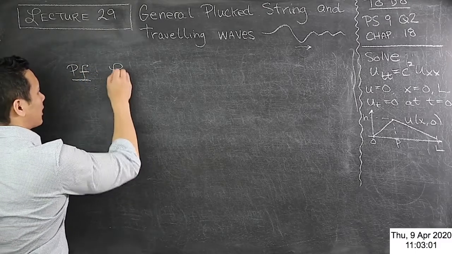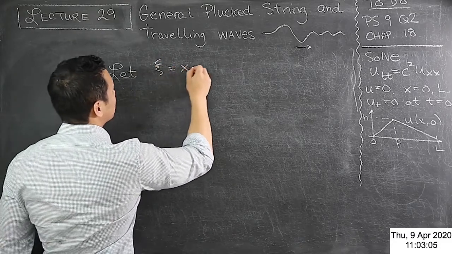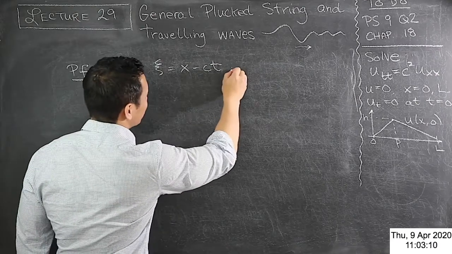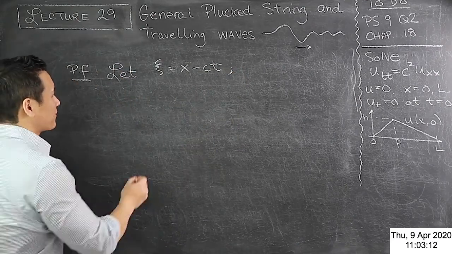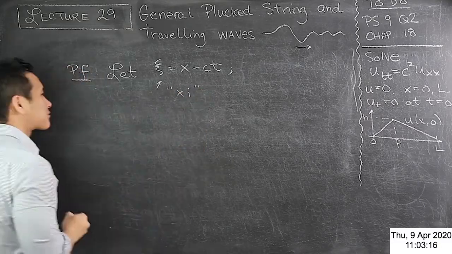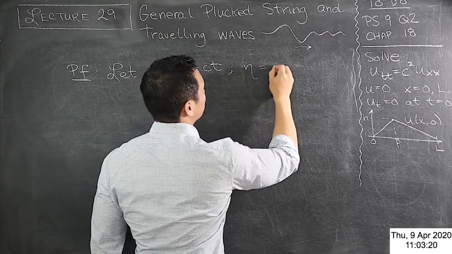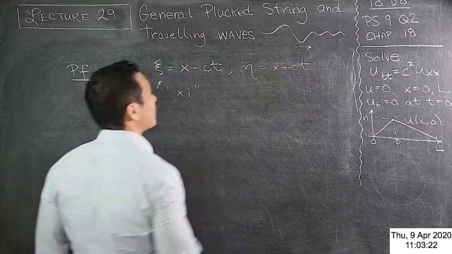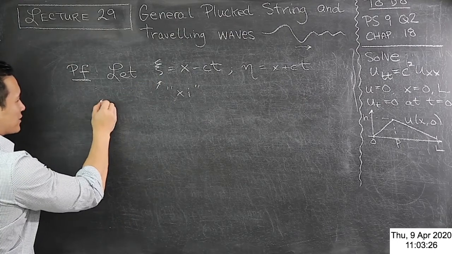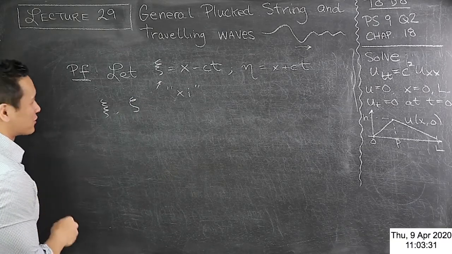So I'm going to let xi be equal to x minus ct. Everyone struggles to make that Greek variable if you've never seen it before. And you're going to let eta be equal to x plus ct. If you've never seen it before, there's a difference between xi, which has more wiggles, and zeta, which has fewer wiggles.